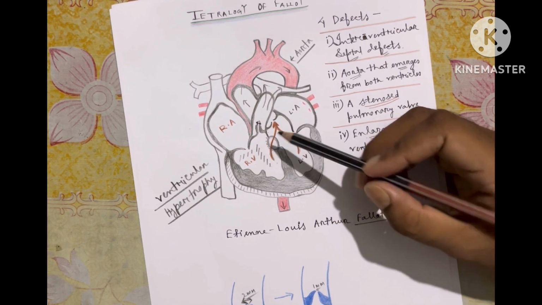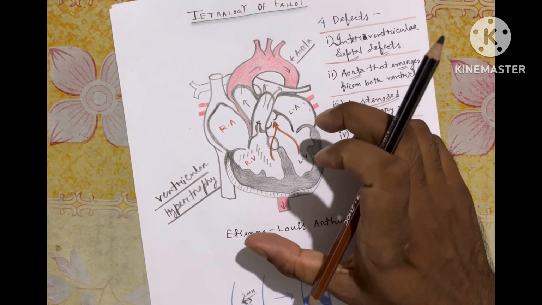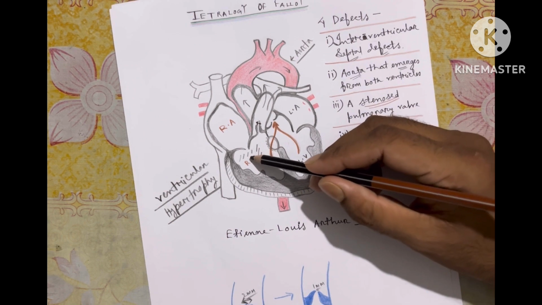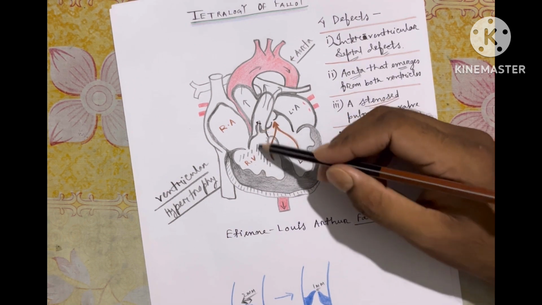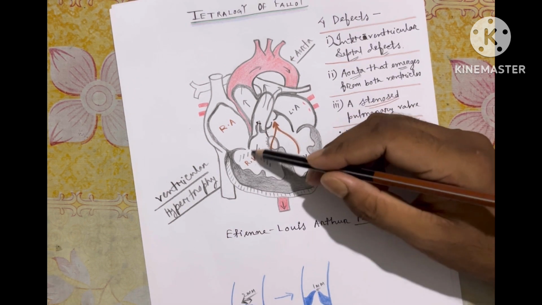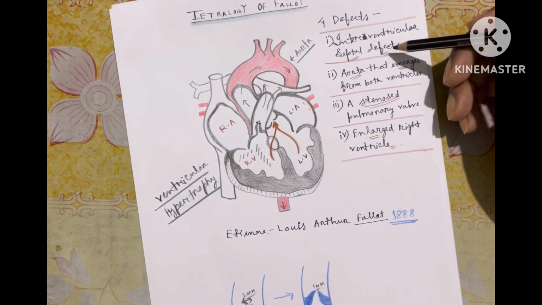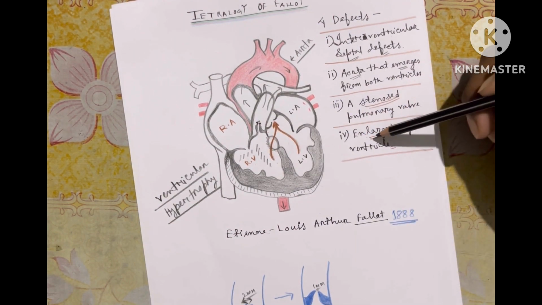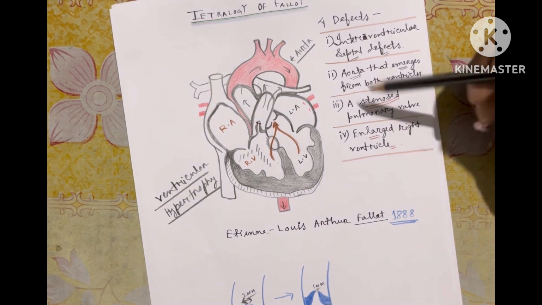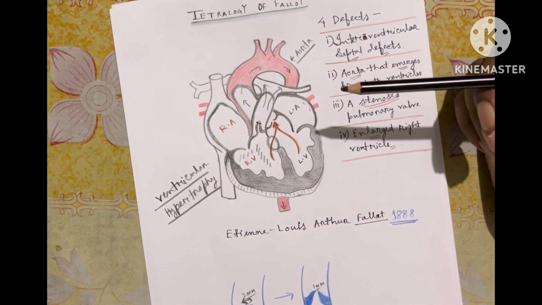So our right ventricle has to contract so forcefully so that it can push all its deoxygenated blood through this pulmonary artery towards our lungs. So this is called the enlarged right ventricle or ventricular hypertrophy.